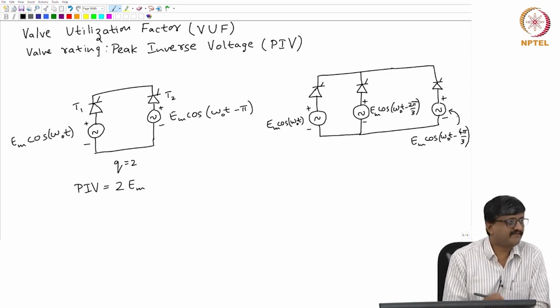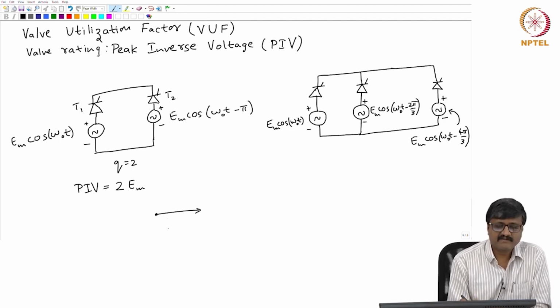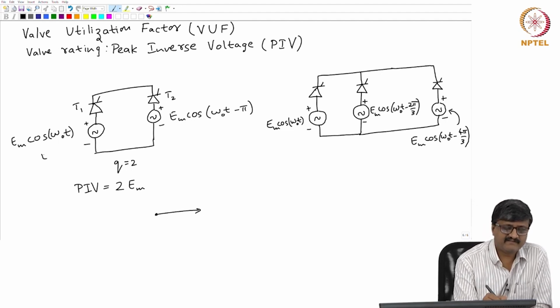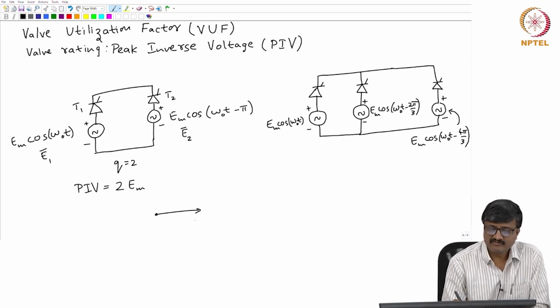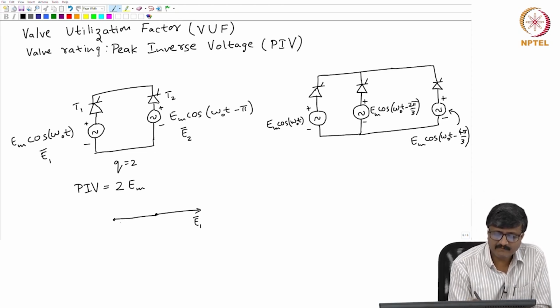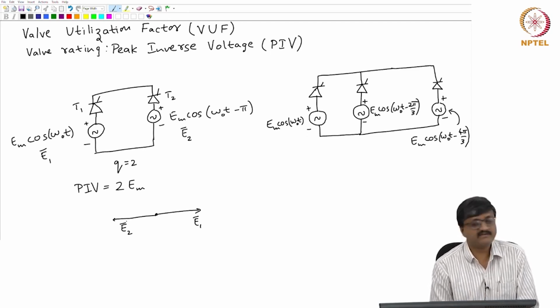If I try to draw the phasors, in the case of Q equal to 2, one phasor is like this. Suppose I take this as the phasor E1. I show a bar to indicate that it is a phasor. I show this phasor as E2. So, if this is E1, E2 is out of phase, at a phase angle of 180 degrees with respect to E1.